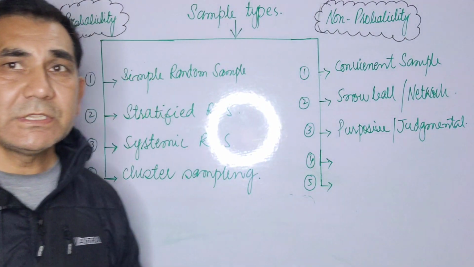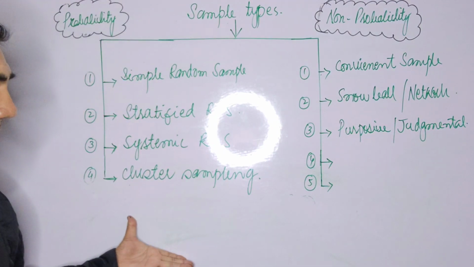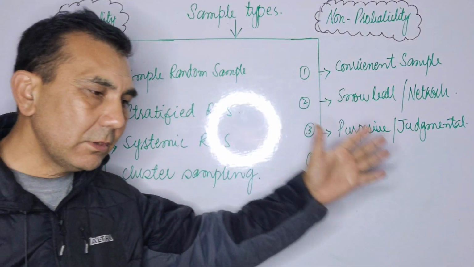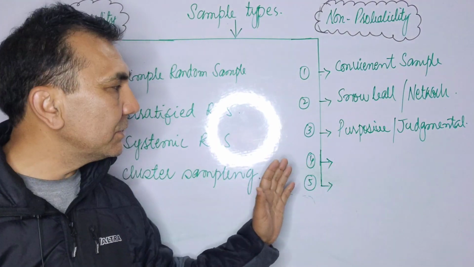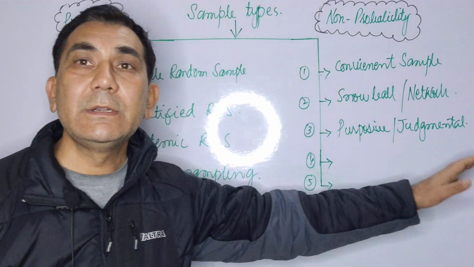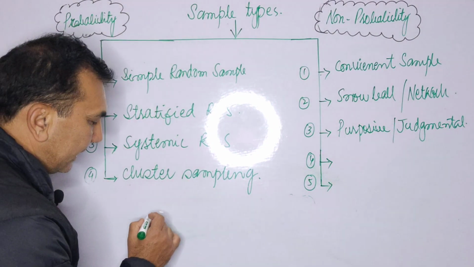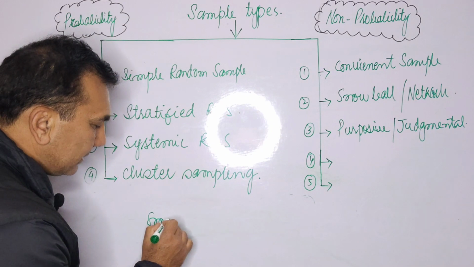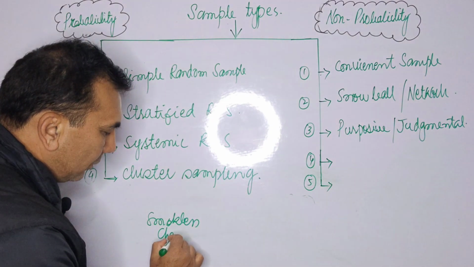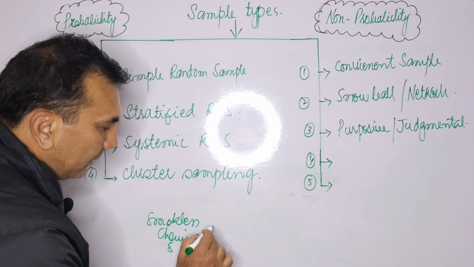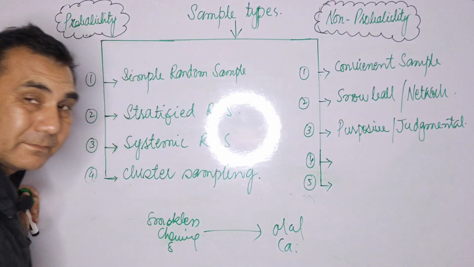Purposive or judgmental sampling is a study in which the researcher, purposely or with judgment, selects a group of people or individuals who are prone to a particular disease. Suppose he knows that smokeless chewing tobacco causes oral cancer.